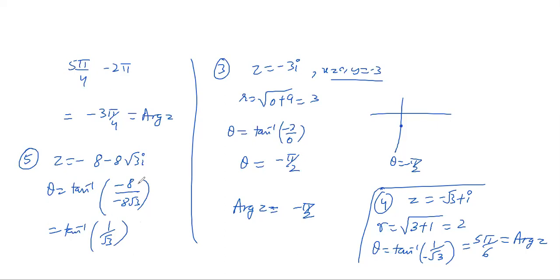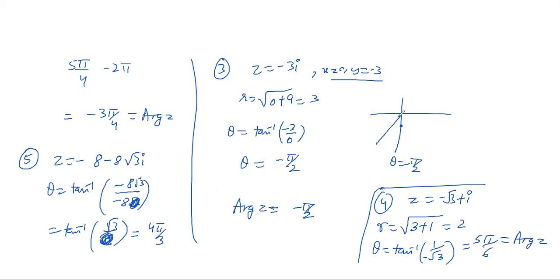Sorry, I did this wrong. This is 8√3 Y by X. So this is √3 actually. You are in the third quadrant, and what angle should it be? Yes. You can have it first as 4π/3 because it's going to be here, but 4π/3 does not satisfy your range.